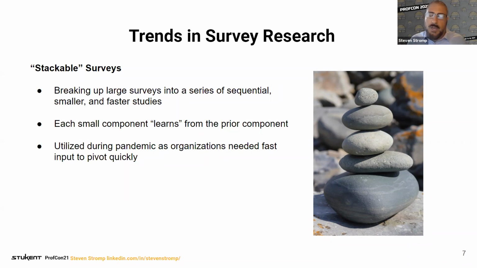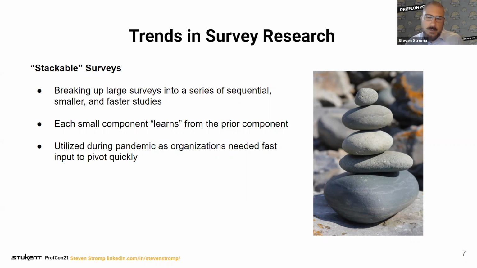So for example, with COVID, a perfect example, and this is probably why this is on the list, you can see how this might work well for a crisis, or while surveying in the middle of something that's going on. We actually did this at our university to get sequential feedback from employees and students. We wanted to know how satisfied they were with how the pandemic was being handled for our students.